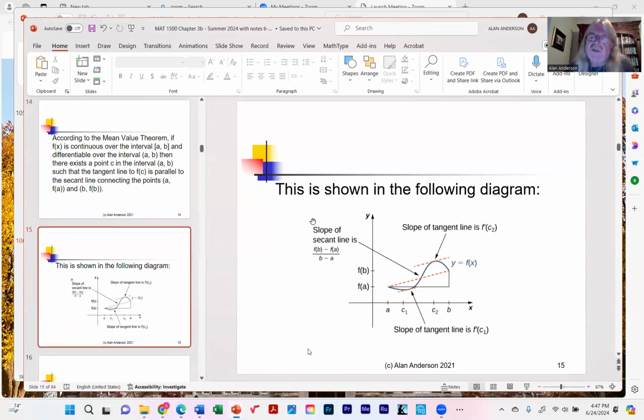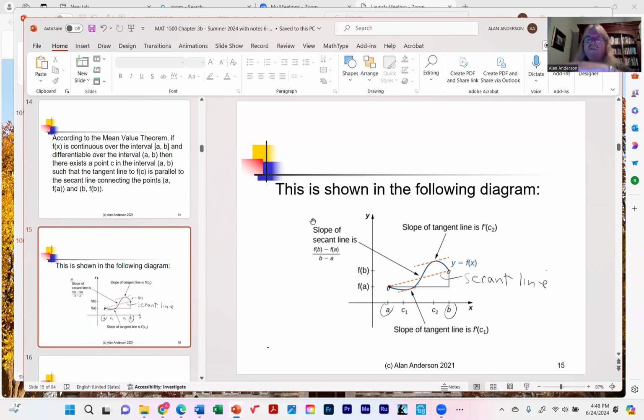And let's look at this graph so you can see. If you take your two endpoints and draw a secant line between A and B, we're guaranteed that somewhere in that interval, there's a point whose tangent line is parallel to this secant.